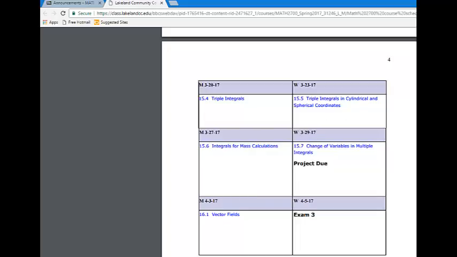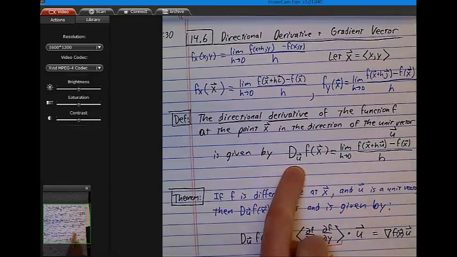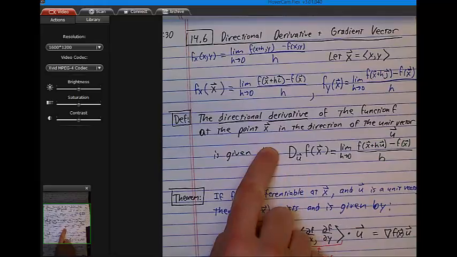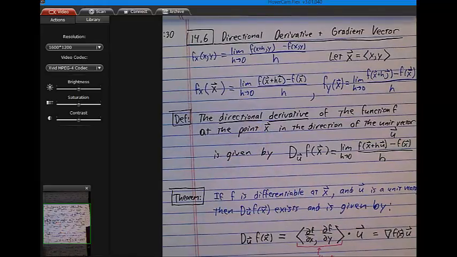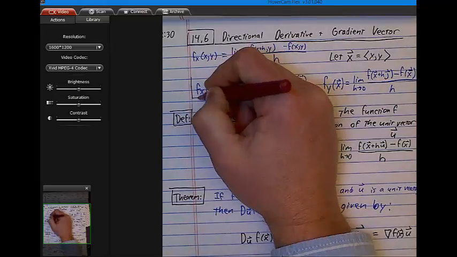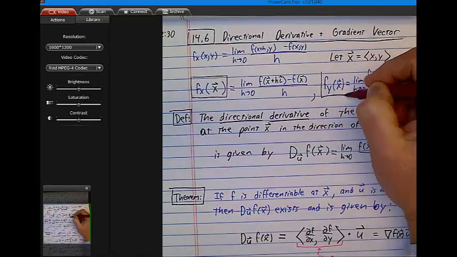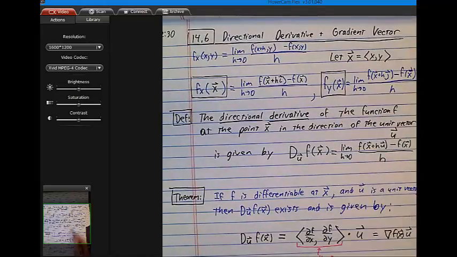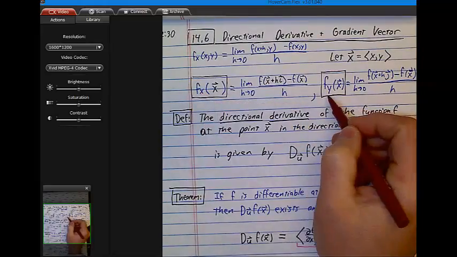So let's get back to the directional derivatives we were talking about last time. I wrote them this way as a shorthand, but basically we have already defined this and this, moving in the x direction and moving in the y direction.